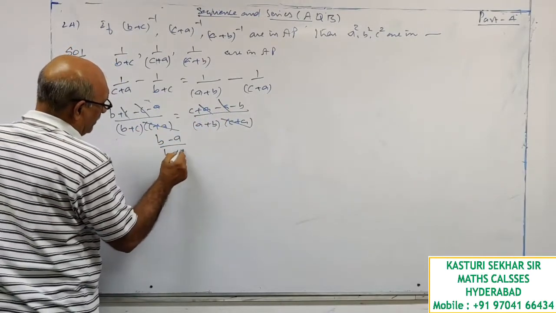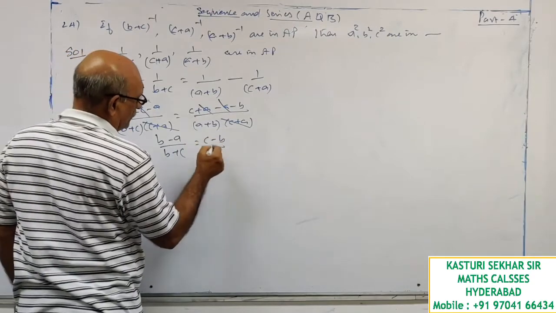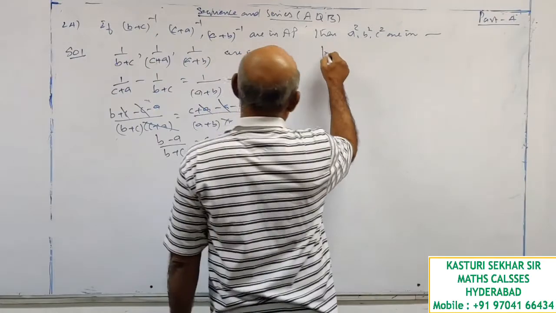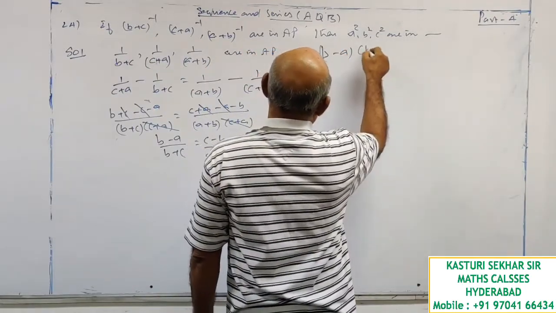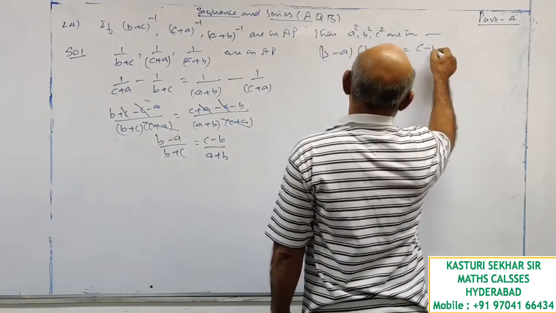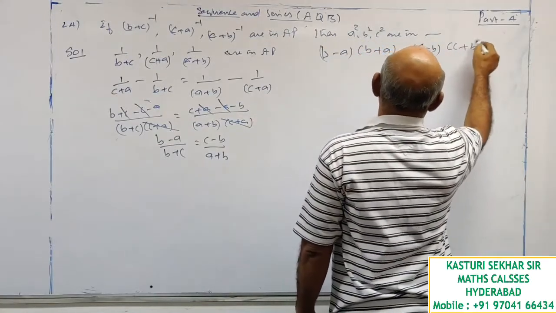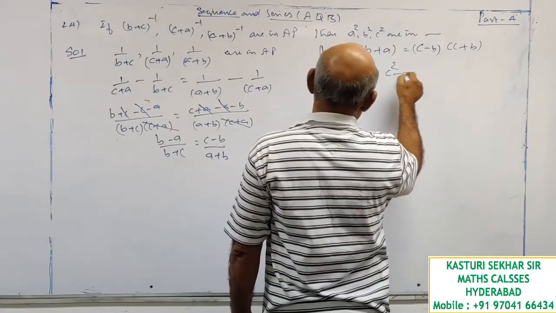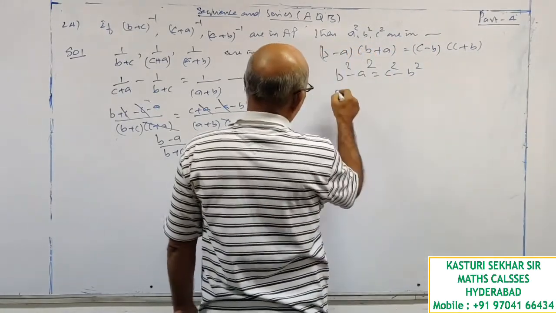(b minus a) by (b plus c) is equal to, cross multiply, (b minus a) into (b plus a) is equal to (c minus b) into (c plus b). b square minus a square is equal to c square minus b square.